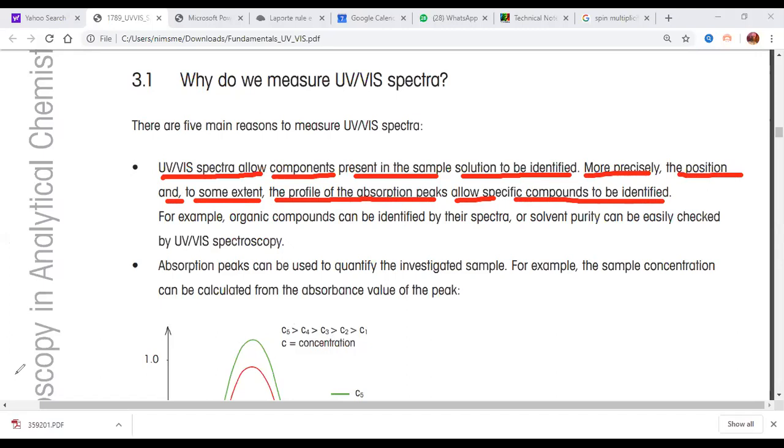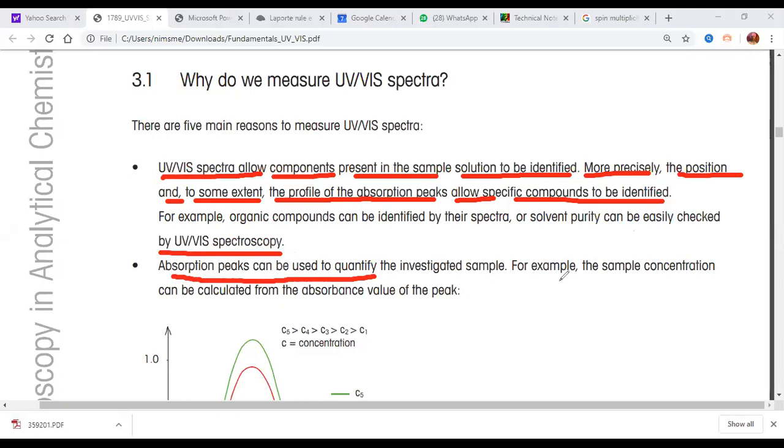For example, organic compounds can be identified by their spectra, or solvent purity can be easily checked by UV visible spectroscopy. Absorption peaks can also be used to quantify the investigated sample.